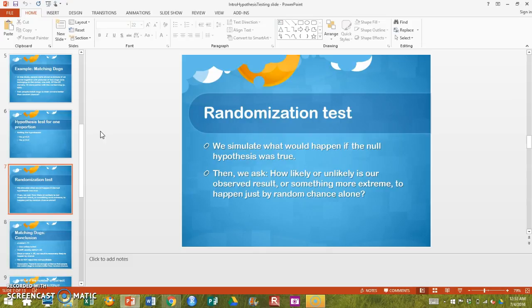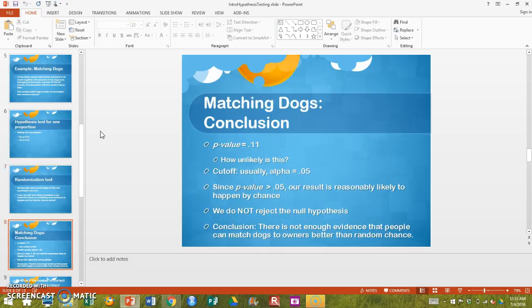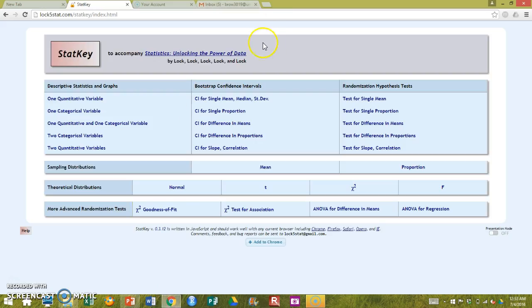The proportion is probably not 0.5. And we therefore would reject that null hypothesis. But we need to go actually run this simulation to find out. So, okay, there's some conclusions there that we will get to. Let's actually run it. Okay, so we are doing a randomization hypothesis test for a single proportion. We're doing a proportion because we are looking at the proportion of dogs being matched to owners.